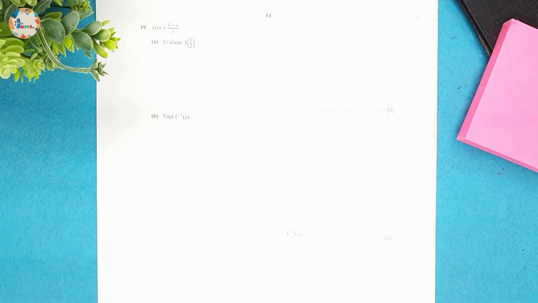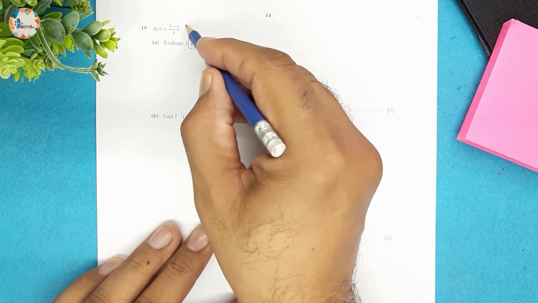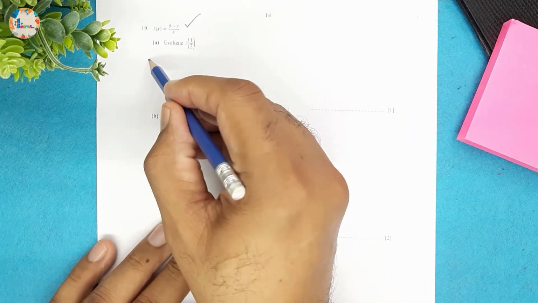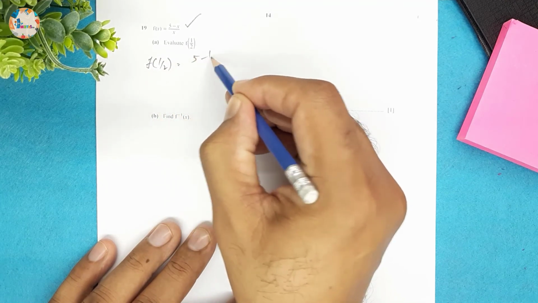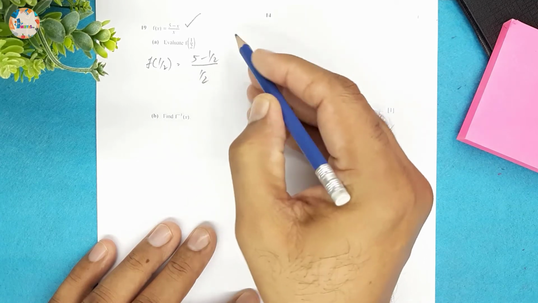Question number 19, we have to find the function f of 1 by 2. This function is provided, we have to find this value. So f of 1 by 2, we can find 5 minus 1 by 2 over 1 by 2.